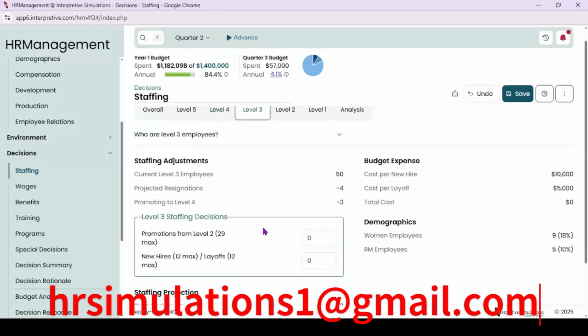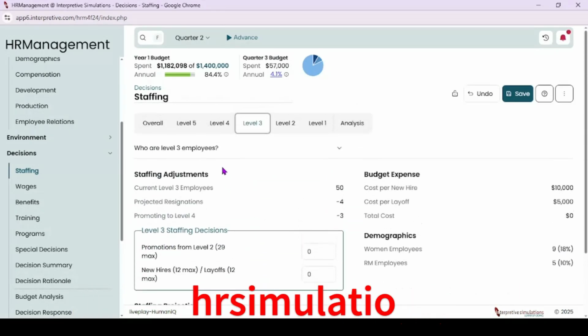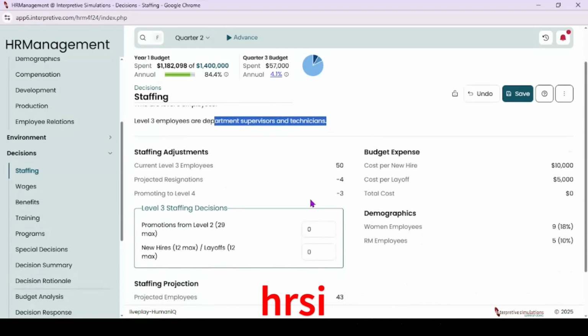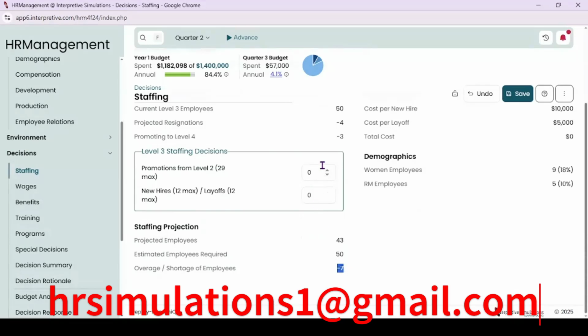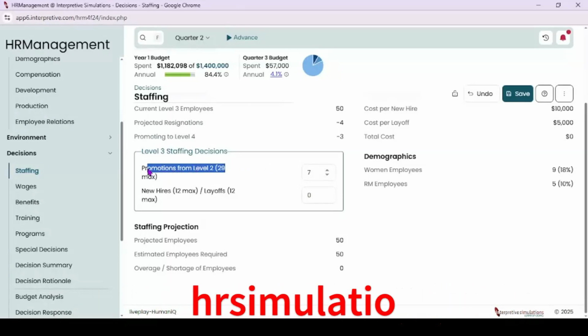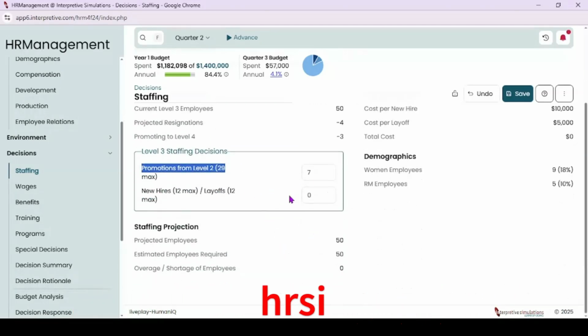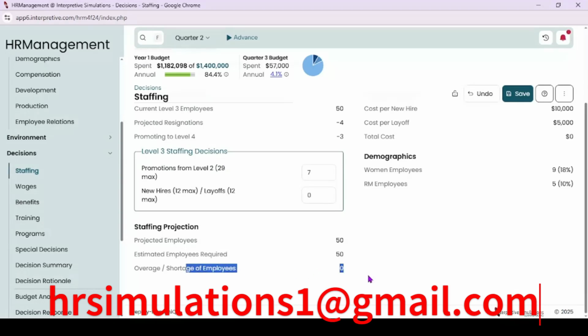Next is level 3. Who are they? They're the department supervisors and technicians. We have a shortage of 7, so we are also going to promote 7 from level 2 to level 3. We have already promoted the 7, and you can see that we don't have any shortage.